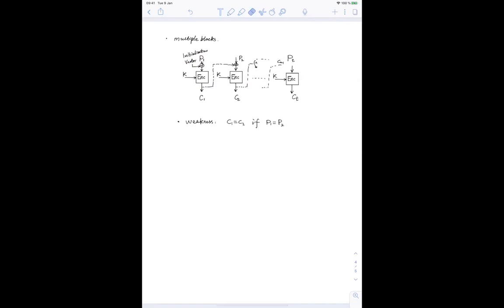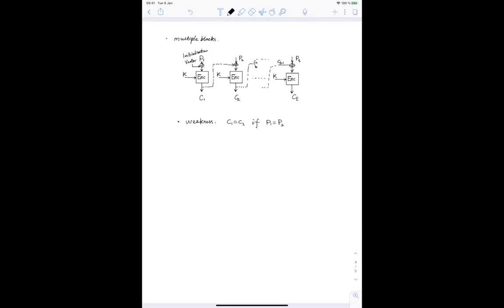Here we have XORed PT, that's XORed of Cn minus 1, excuse me, CT minus 1 with PT. Use it as the input of the last block.